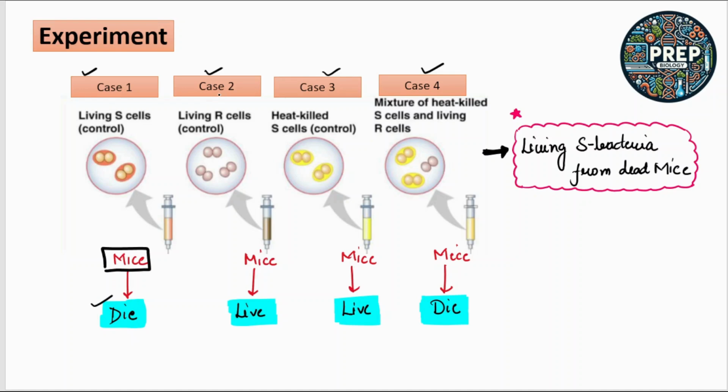Now in the second case, he chose the R strain bacteria, which do not have the polysaccharide coating, and injected them into the mice, and he found that all mice lived. So they did not die.